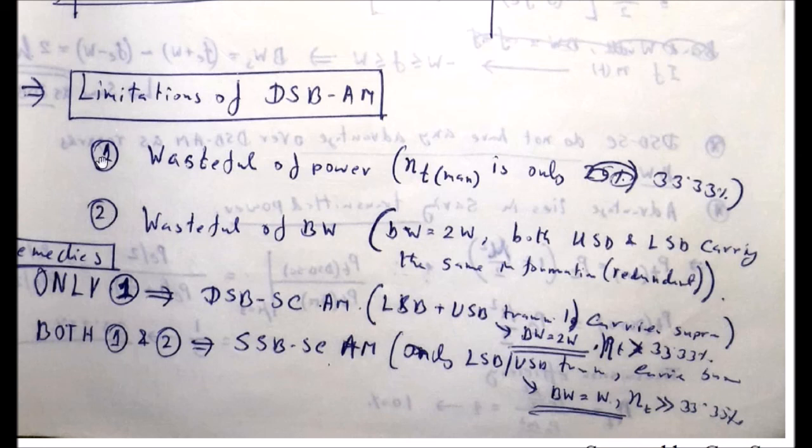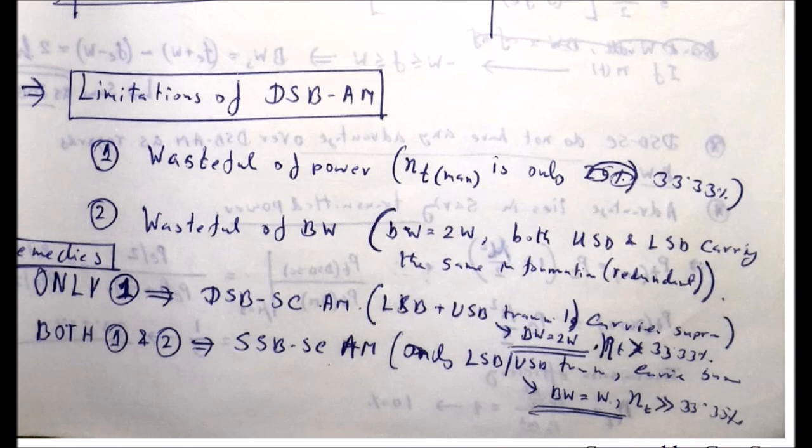Okay, and if you want to get the remedy of both 1 and 2, that means the remedy for wasteful of power and wasteful of bandwidth both, then first of all you have to suppress the carrier, and next you have to suppress any one of those sidebands. Either you transmit the upper sideband or the lower sideband. Then you will have a transmission bandwidth of only W, and you will save W amount of bandwidth.